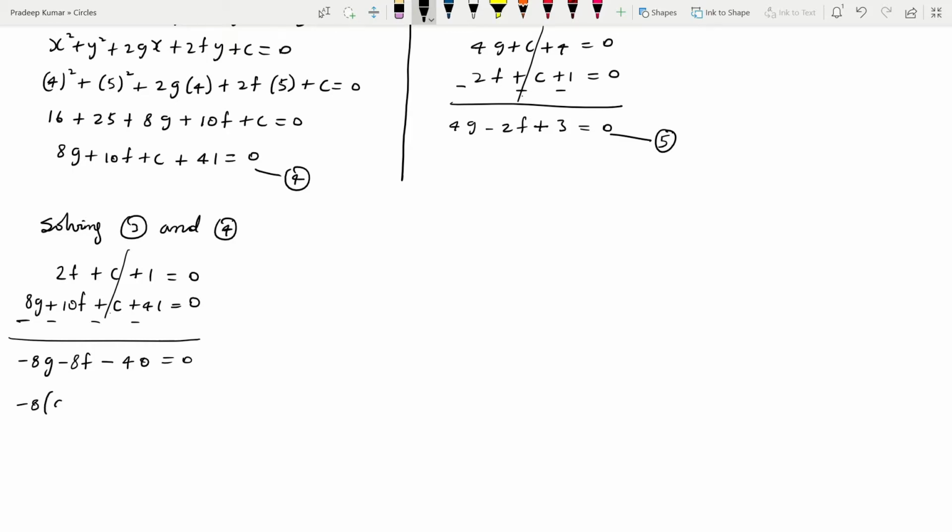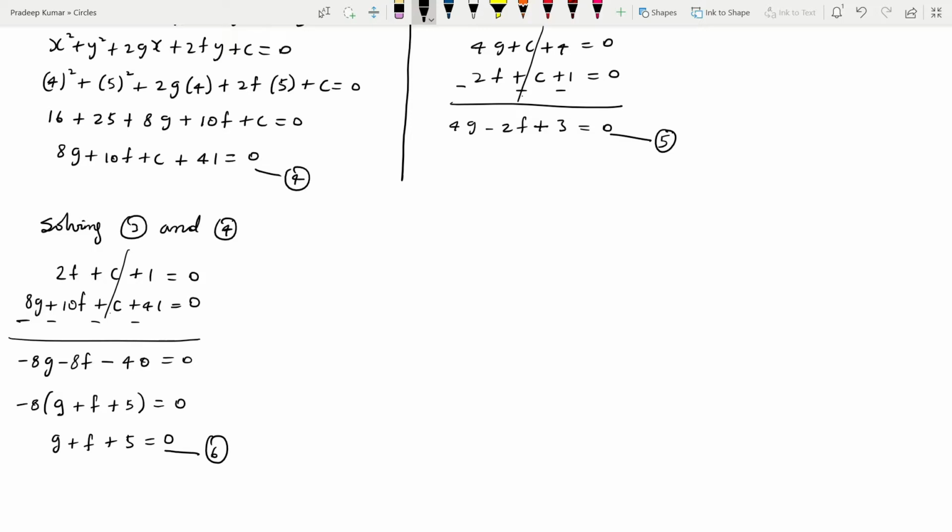If I take minus 8 common, we remain with g plus f, and 8 fives are 40. Okay, if I send this minus 8 to the other side, 0 by minus 8 will be 0. So we remain with g plus f plus 5 equal to 0. Let's say this is equation number 6.